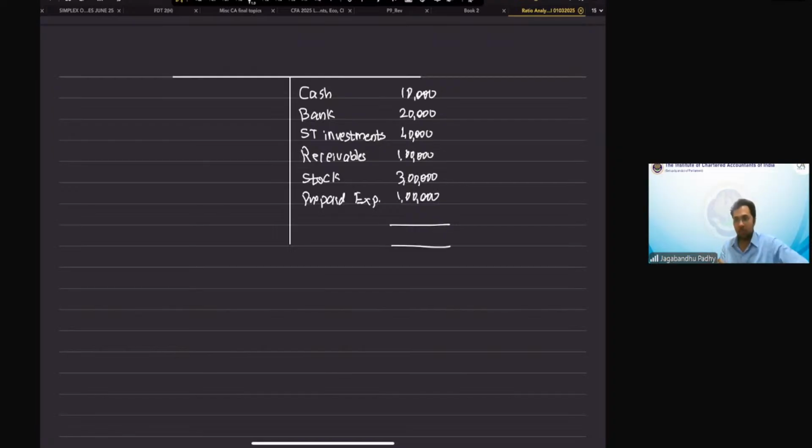So what is the total of current assets, guys? If you add up all the current assets, how much does it total up to? Can you give me the total?